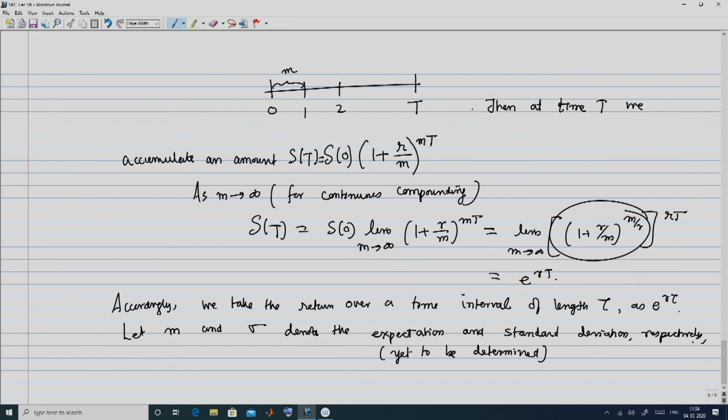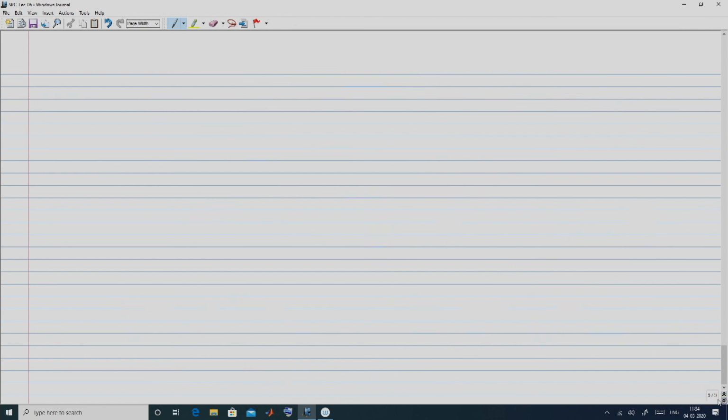So, these are the expectation and standard deviation respectively of the random variable k1 plus k2 all the way to kn. So, this is basically the sum of the log returns of each individual interval, and this is over a unit time window of 0, 1. So, just recall that you had n time steps, and so we had tau, that is each time interval, to be 1 over n.